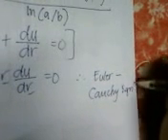Since we have r squared and r, this is an Euler-Cauchy equation.